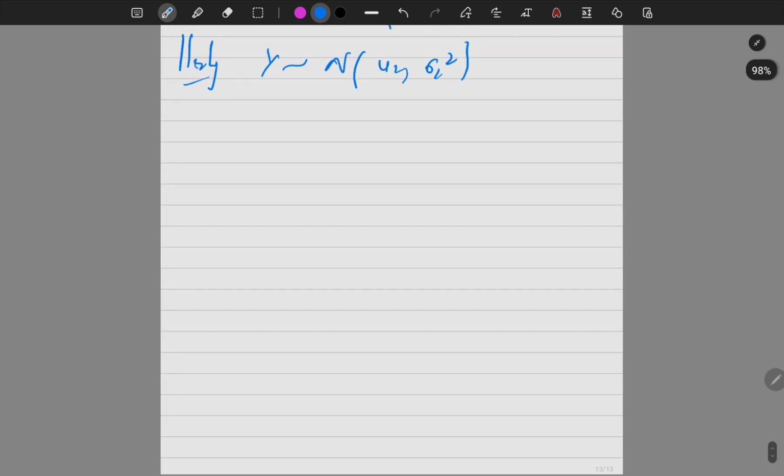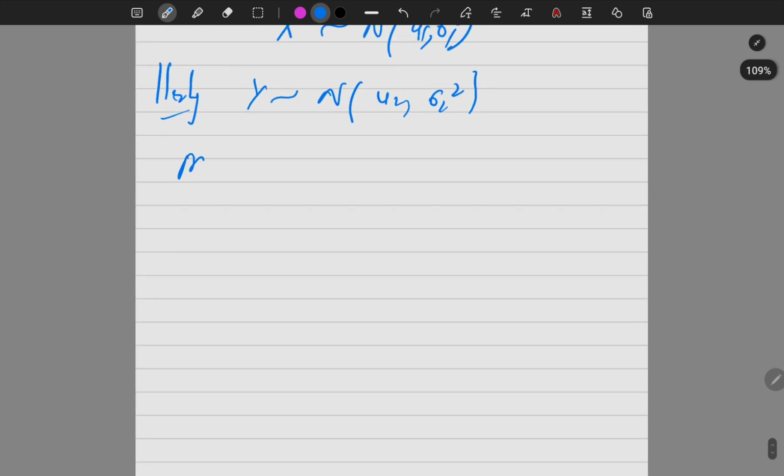As you know, what is MGF, the moment generating function? We have already done it in the last lecture. So we can give another method. We can find the PDF by another method, that's the MGF method, so this will be the alternative to the above method.